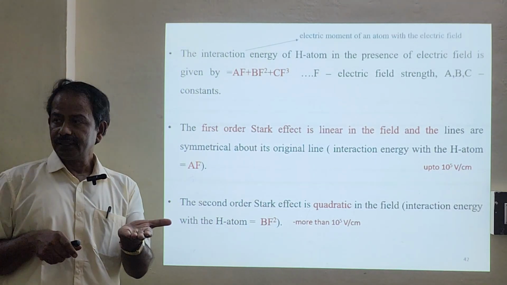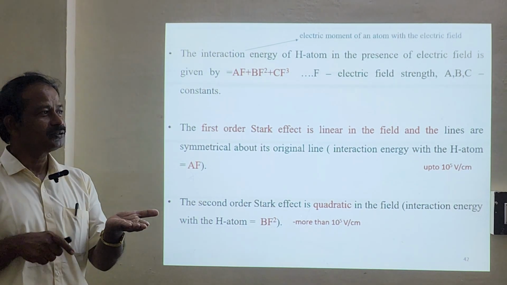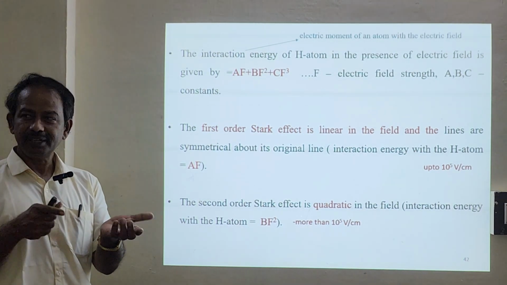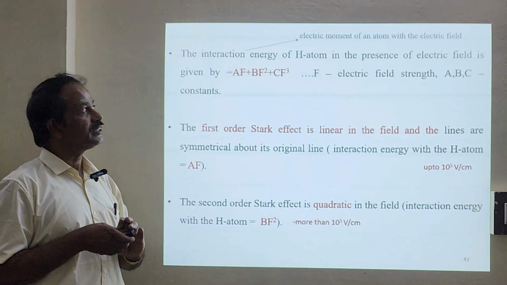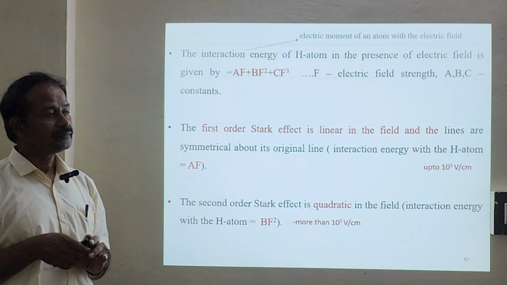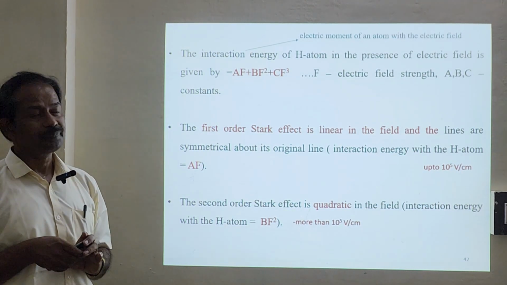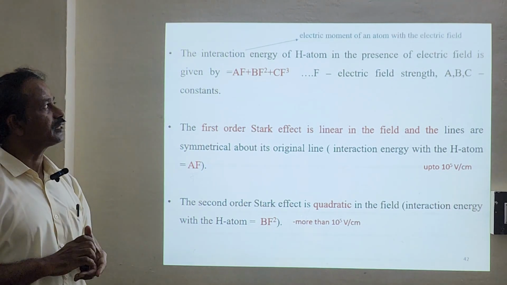Now, as I said, the atom is subjected to the electric field, so there will be an interaction between these two systems. The interaction energy is the electric moment of the atom with the electric field.